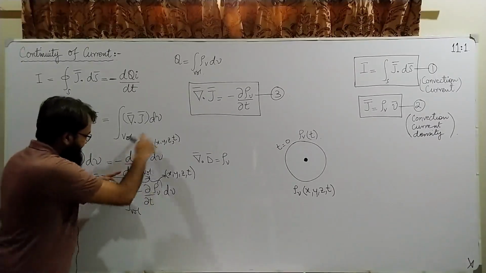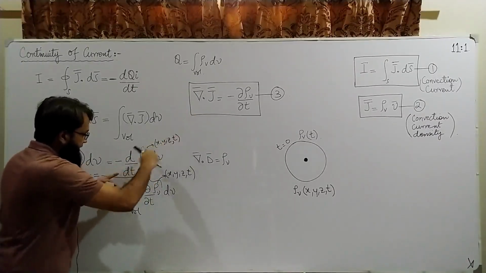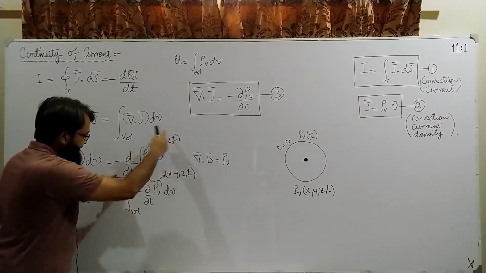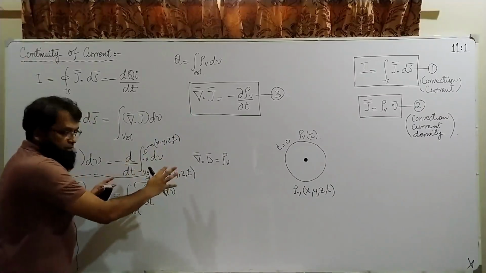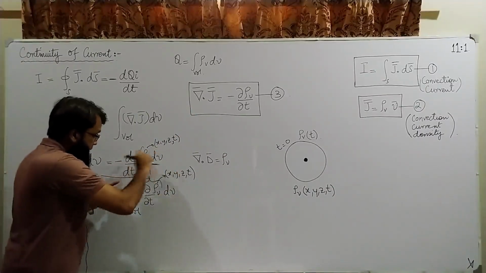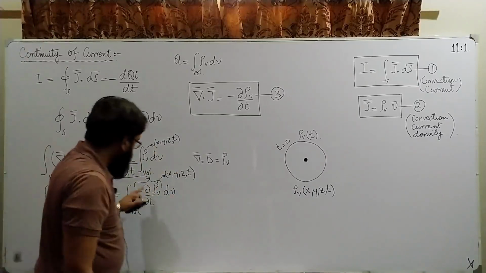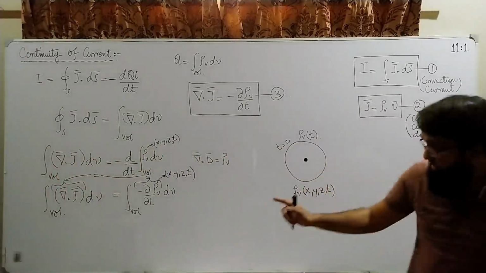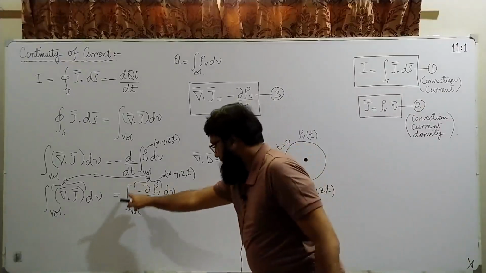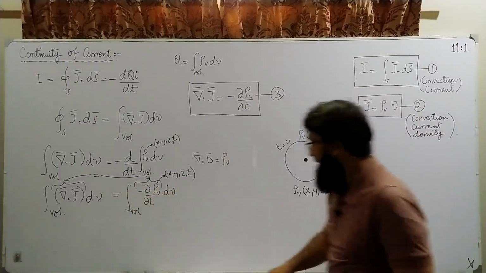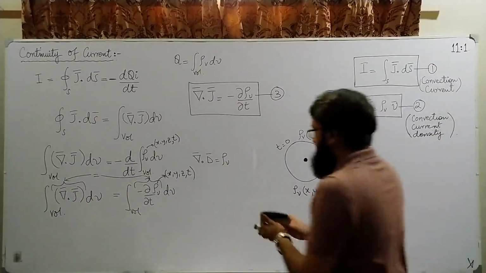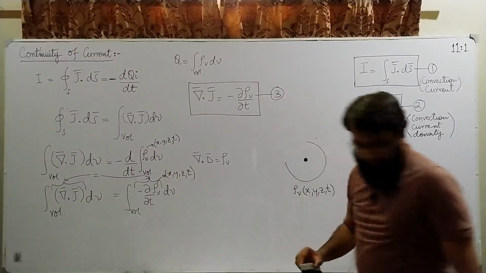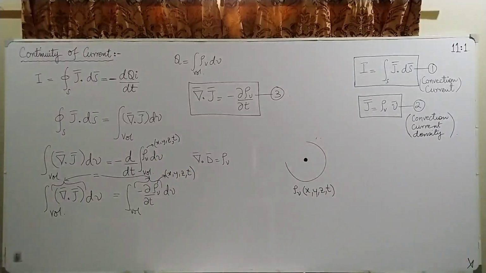After integration, x, y, z would be gone and only a function of time would result, so the normal derivative would do the job, but as soon as you move it inside before integration, you must change the normal derivative to a partial derivative. Why? Because since integration has not been performed, rho v is a function of x, y and z as well as t in general. All right, so this was the reason why we changed the normal derivative to partial derivatives.